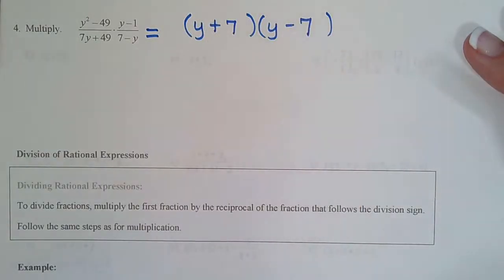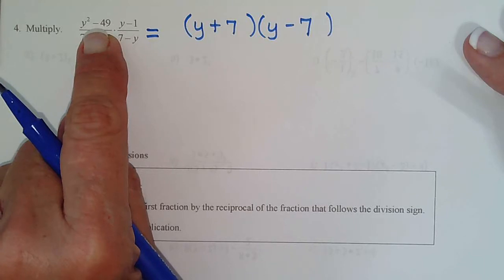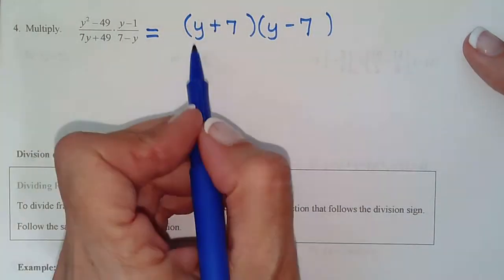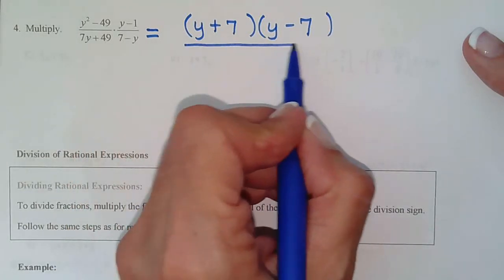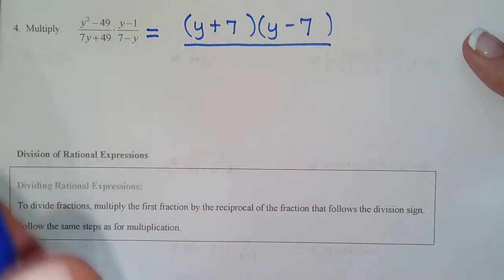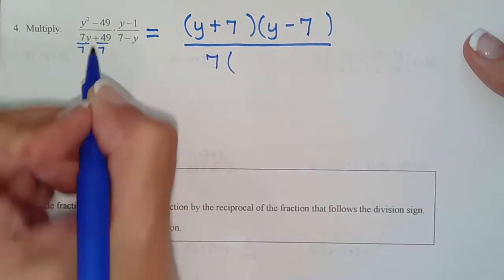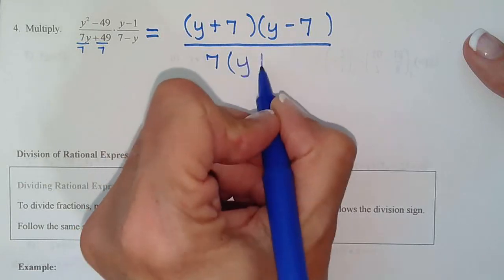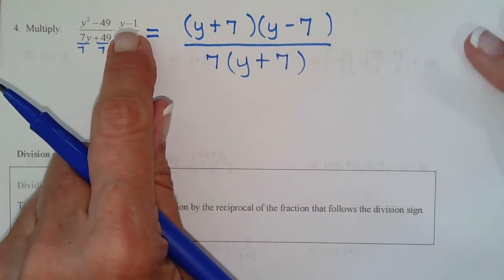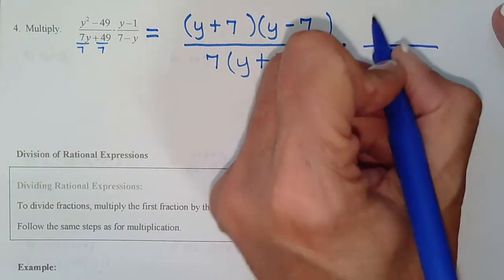So you guys should be getting really good at difference of squares because there's a lot of them in this chapter. So add the square roots, subtract the square roots. Always minus, always different signs because this is a minus. GCF of 7. So divide each term by 7 and you get y plus 7. This has no exponents and no GCF, so it's going to stay y minus 1.